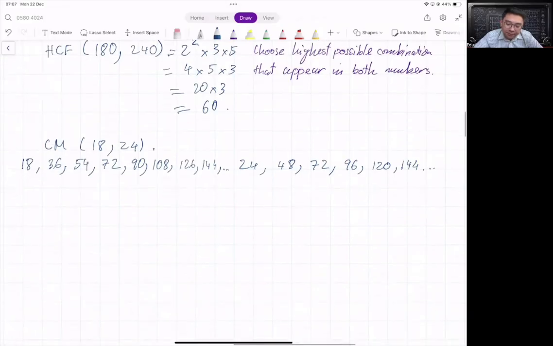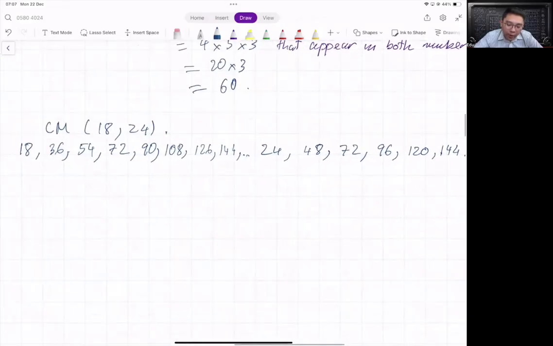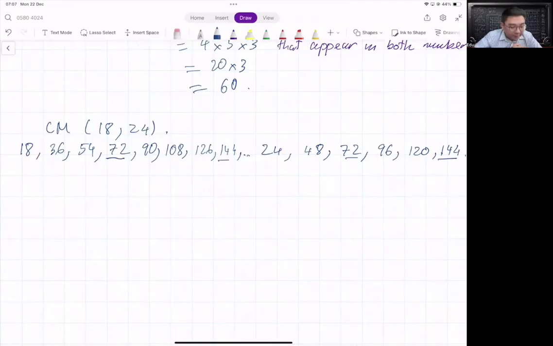Okay, now we are going to see that we have a few common multiples here, 72 and 144. All right. Okay, so how do we get lowest common multiple of, let's say, 180 and 240?